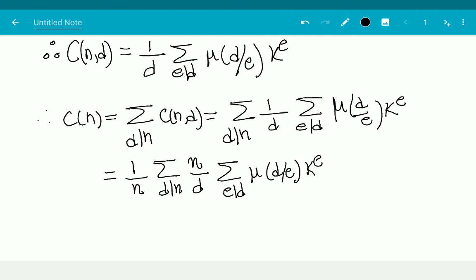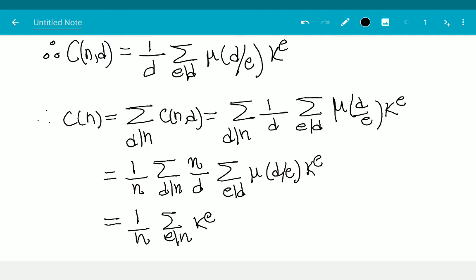Okay, well, I can rearrange these terms, right, to say this is the same as 1 over n summation E divides n, because if E divides D and D divides n, then E of course divides n, right?